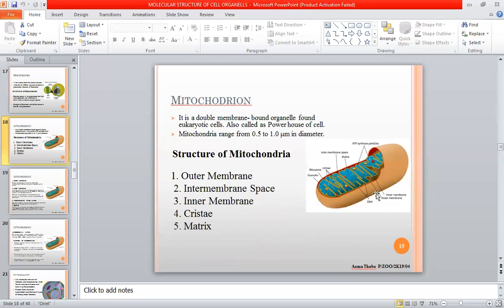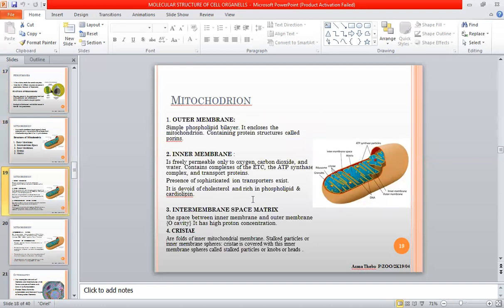Mitochondria. It is a double membrane-bound structure present within the eukaryotic cell. These are the structures of the mitochondria: they have an outer membrane, inner membrane, intermembrane space, cristae, and matrix. The outer membrane, which covers the mitochondria, is a protein structure called porin.